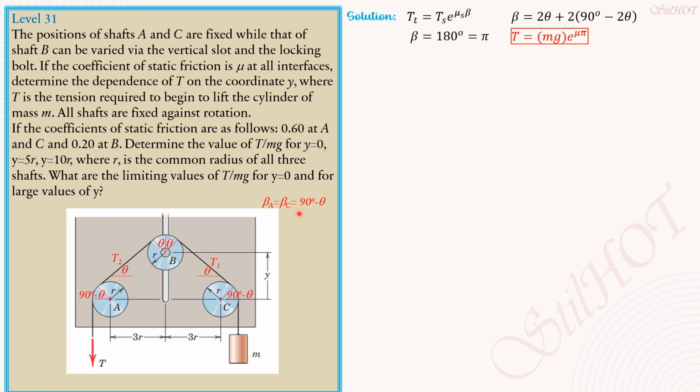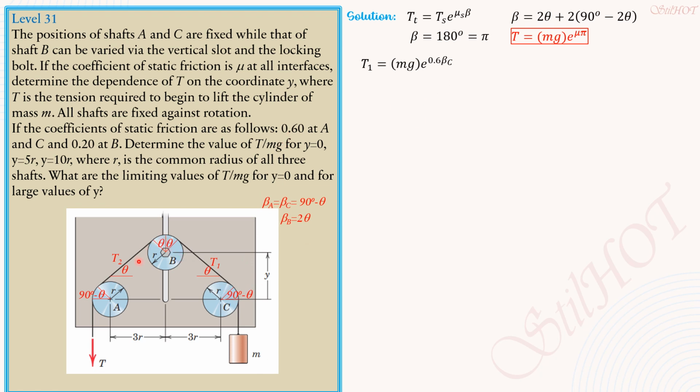So beta A equals beta C equals 90 degrees minus theta in general, and beta B is equal to 2 theta as shown. So tension 1 equals mg e to the 0.6 beta C, because the coefficient of static friction for A and C is 0.6.